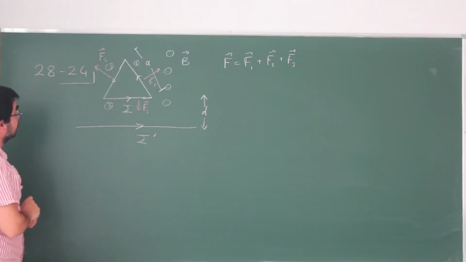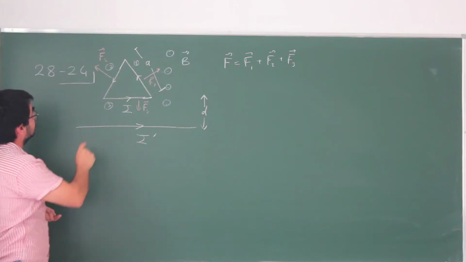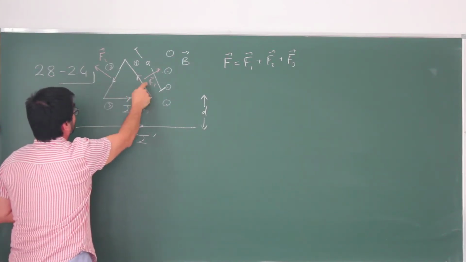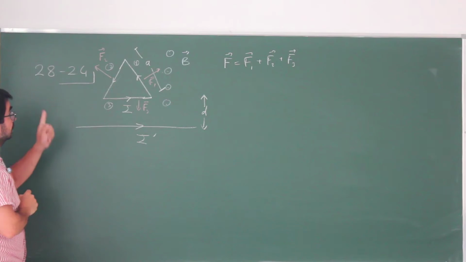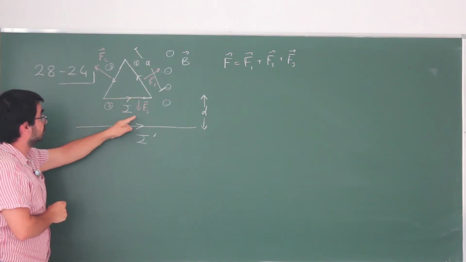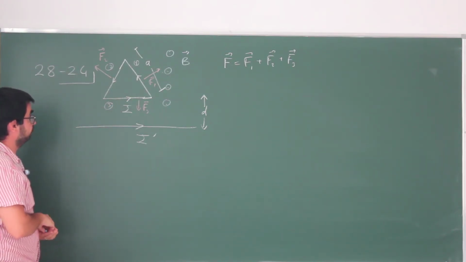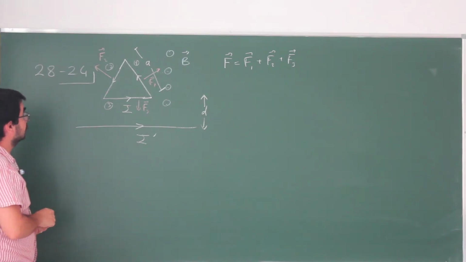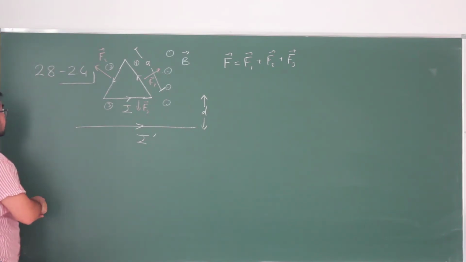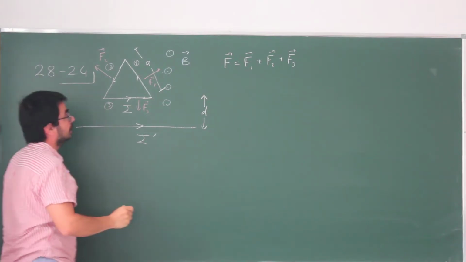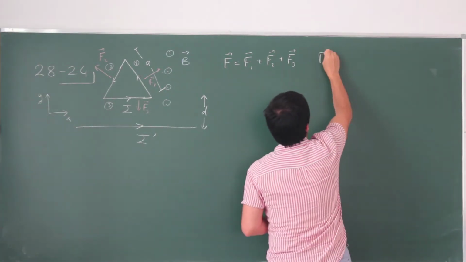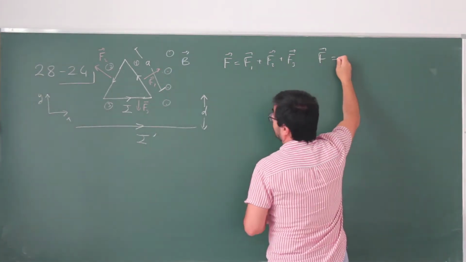So what we can see here is that these two are going to have their horizontal components get cancelled out, and they are going to end up with a vertical component, whereas it's going to be in the opposite direction to this one. Okay? So if we draw a coordinate system, let's draw one small one here, x and y, we can say that F is purely in the y direction.